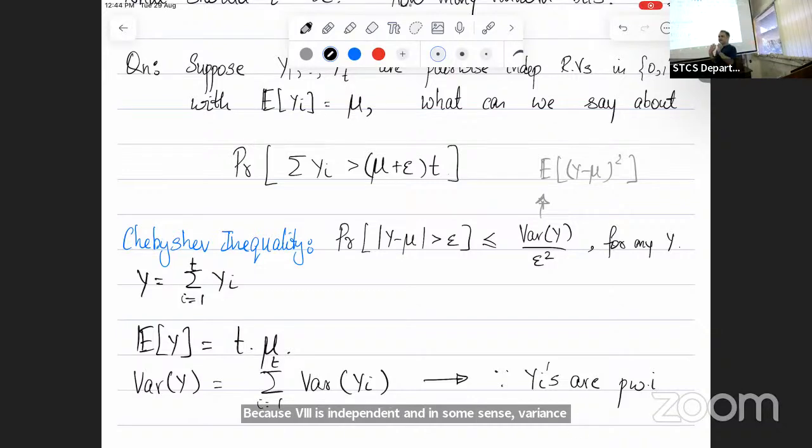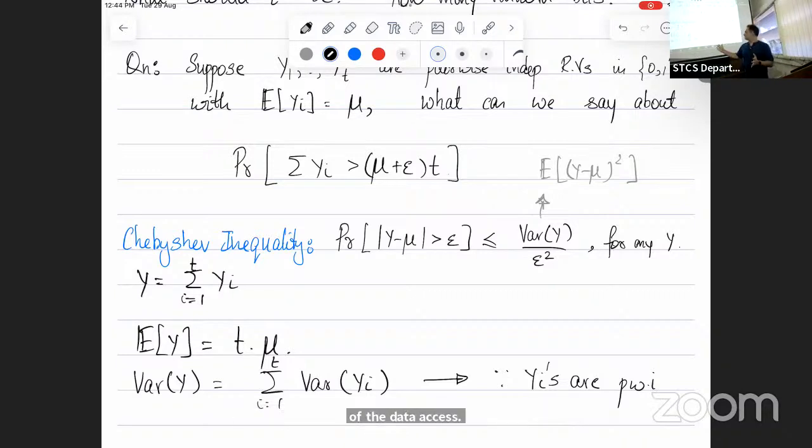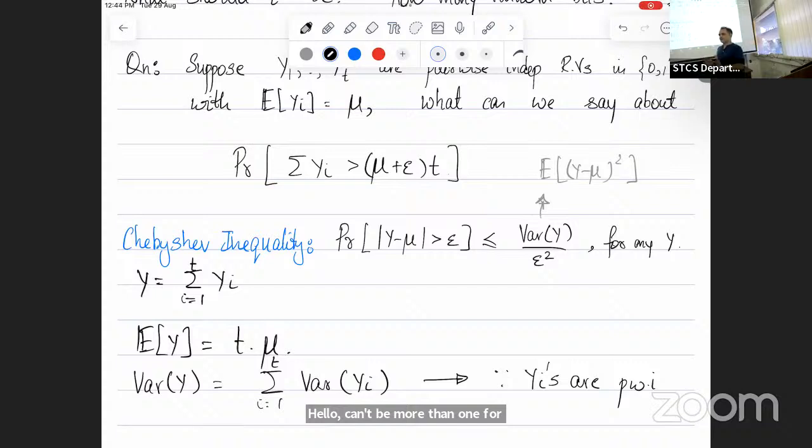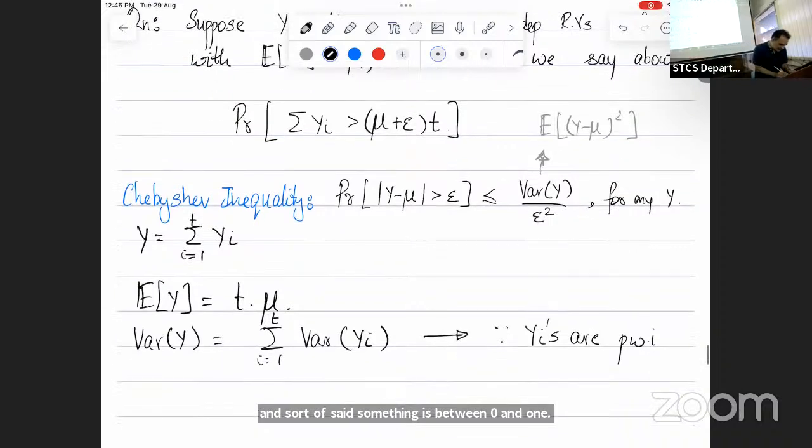The variance of a sum of pairwise independent random variables is just the sum of the variances. The stupid bound you can give for the variance is that each yi is some random variable between 0 and 1, so the variance can't be more than 1 for any yi. If you're a little careful, you can put a 1/4 also, but we are going to be very sloppy with constants. So the maximum variance is at most 1. Therefore, the variance of y is at most t.